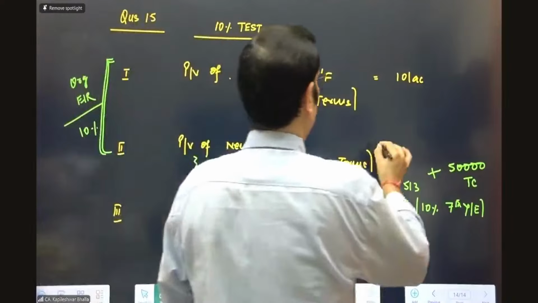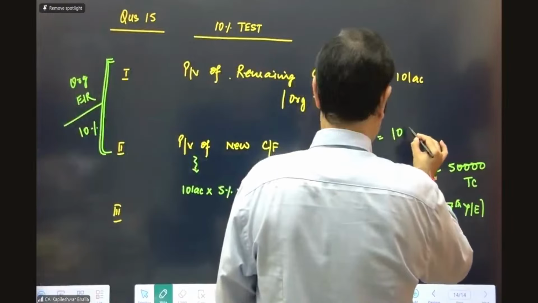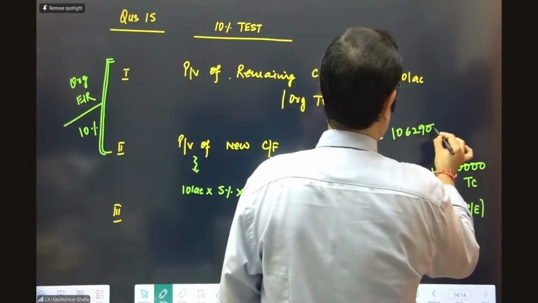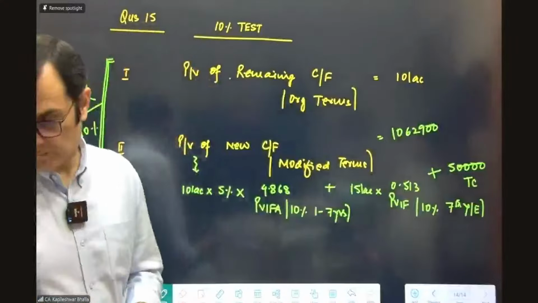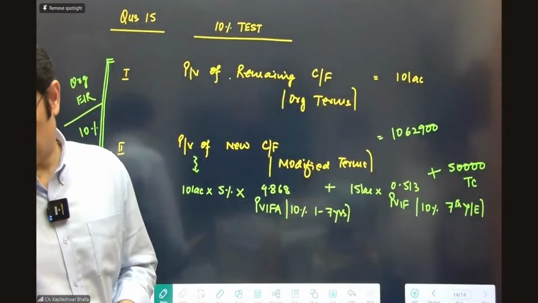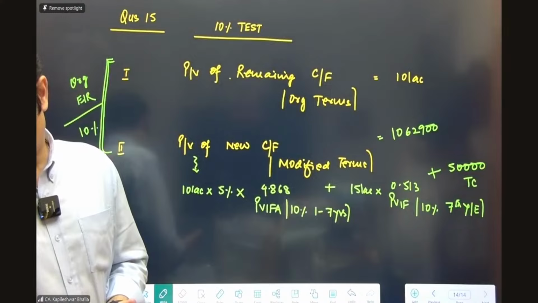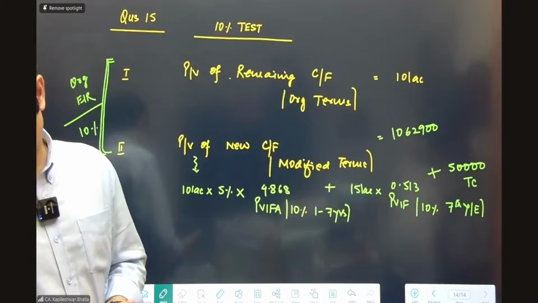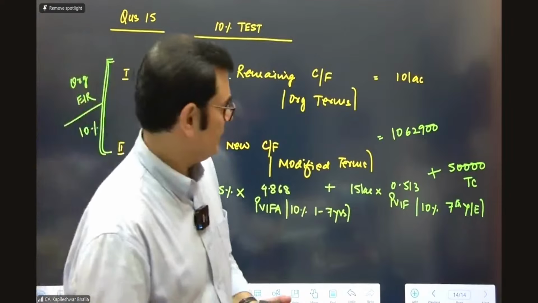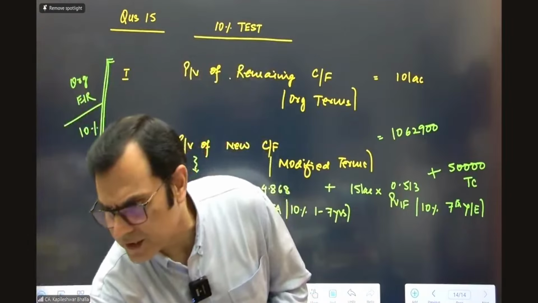I think this comes to a total of 1062,900, I guess. I think this is correct, maybe. So this is coming to a total of this amount. I think the interest I've taken is wrong, I guess.